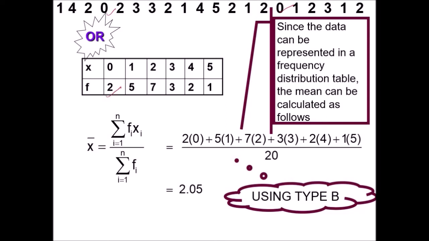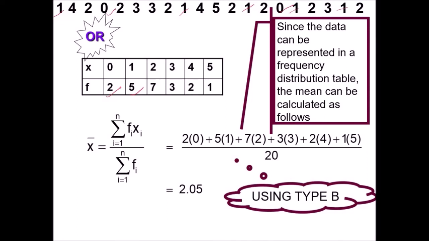Same goes for number 1: count how many times 1 appears, 1, 2, 3, 4 and 5. So the frequency for number 1 is 5. Same goes for the other values of x.